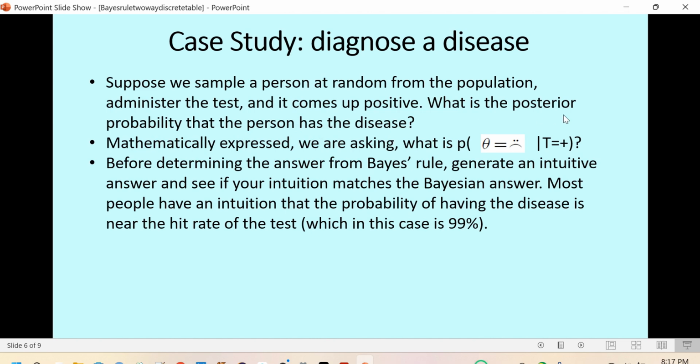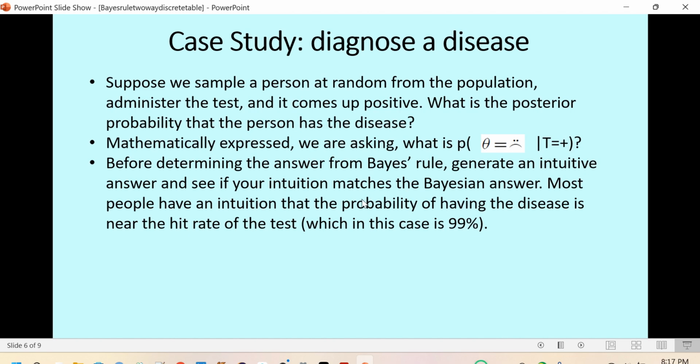We want to calculate the posterior probability that this person has the disease after we get the positive test result. In mathematical expression, this is the conditional probability of the person having the disease given the test is positive, right?